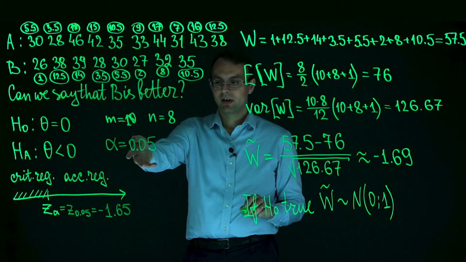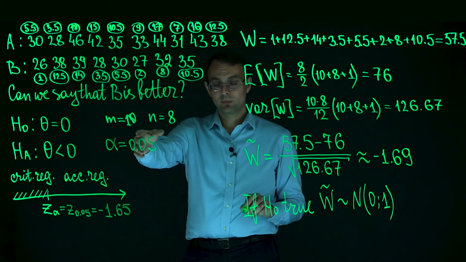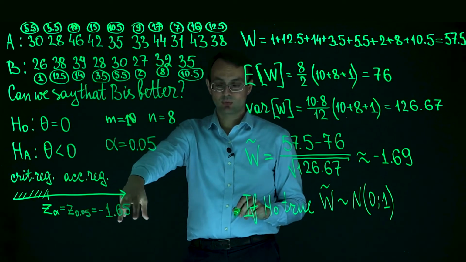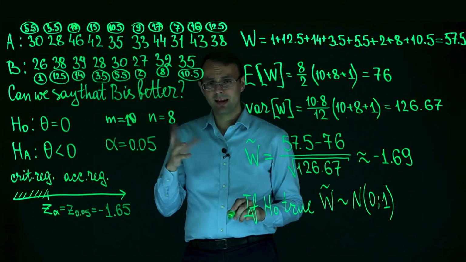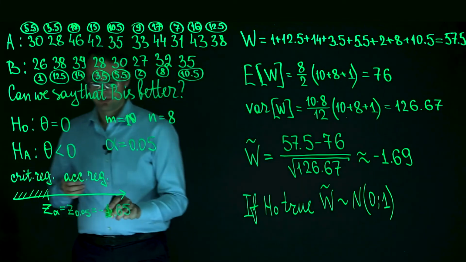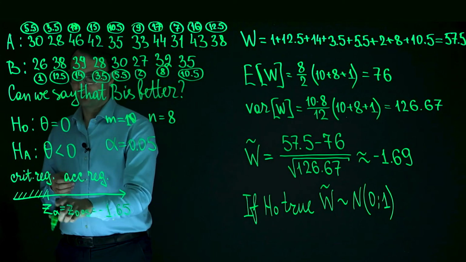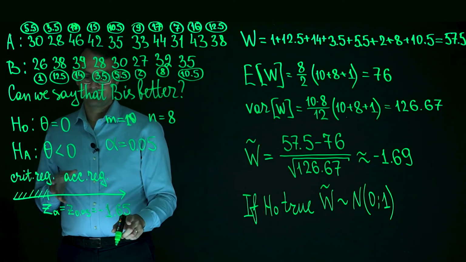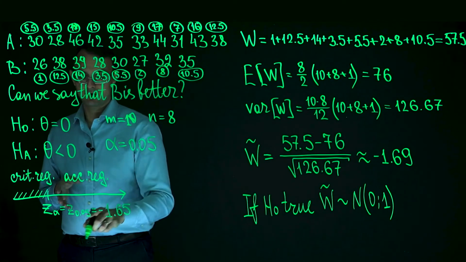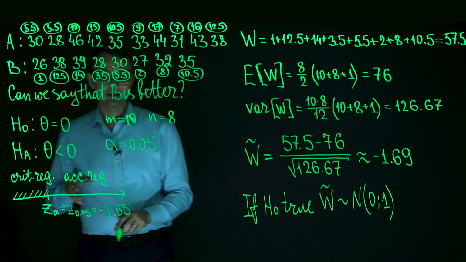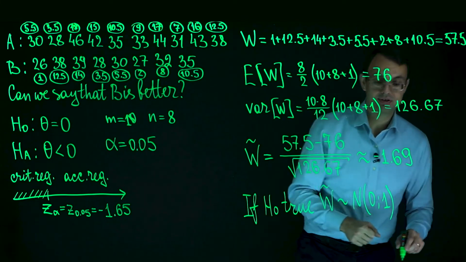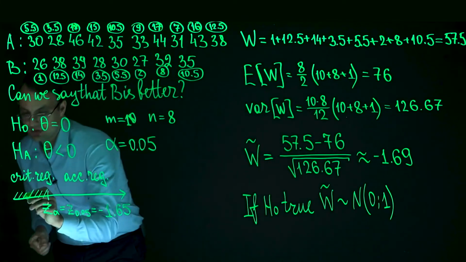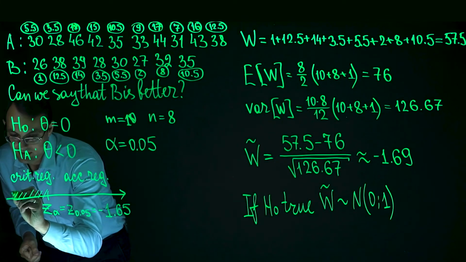Quantile of the level 0.95 is plus 1.65, and so on. So the border between the critical region and the acceptance region is equal to minus 1.65, and here we got minus 1.69. So we are in the critical region.